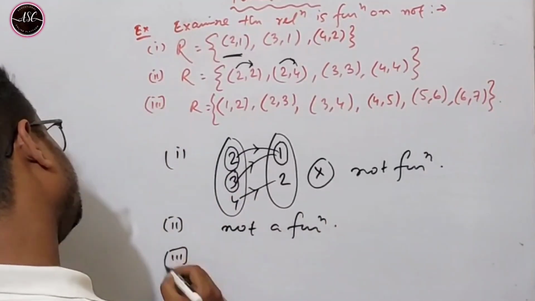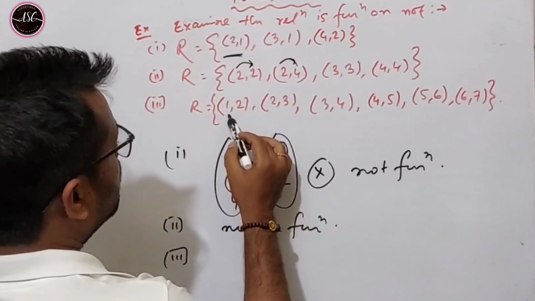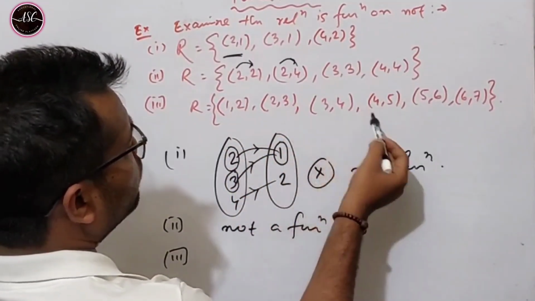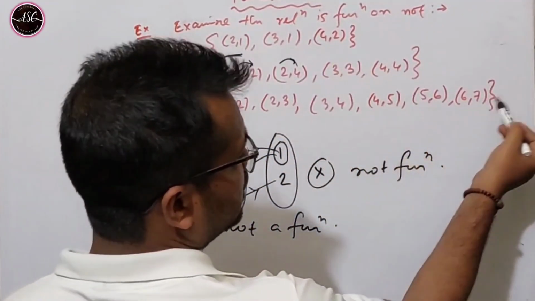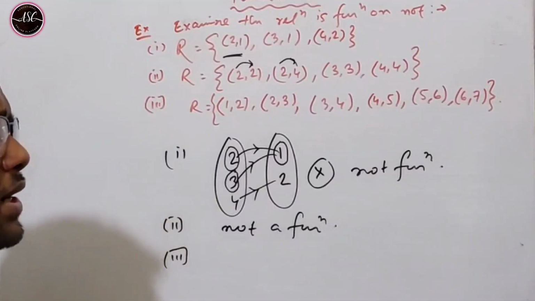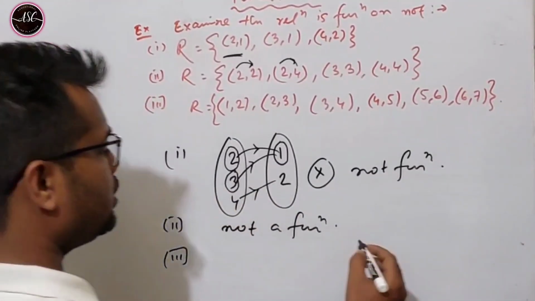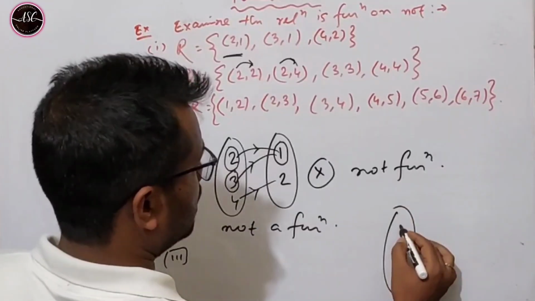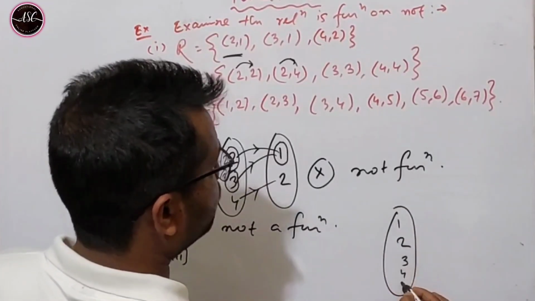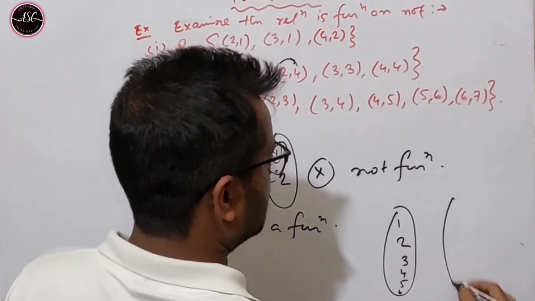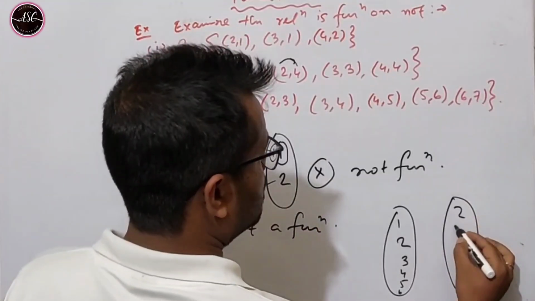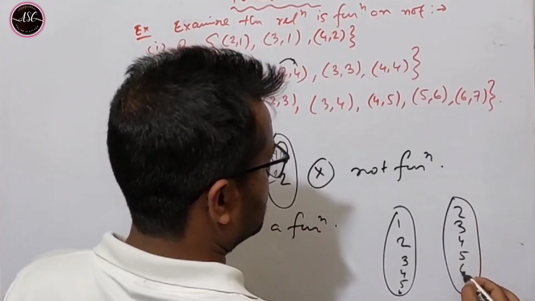Now question number 3. Here look, 1 to 2, 2 to 3, 3 to 4, 4 to 5, 5 to 6, 6 to 7. So there is one and only one image. Okay, that means here 1, 2, 3, 4, 5 and 6. Okay, here is 2, 3, 4, 5, 6 and 7.